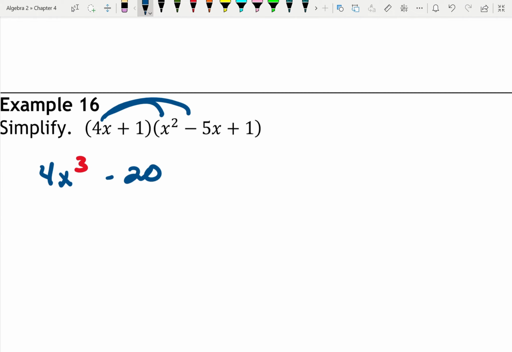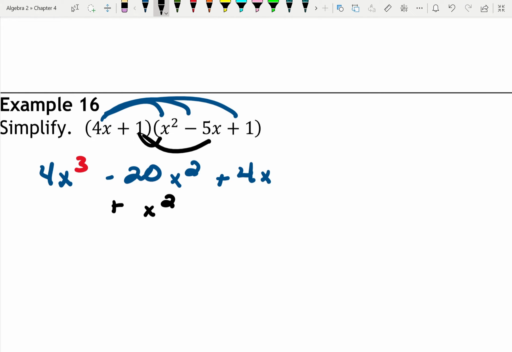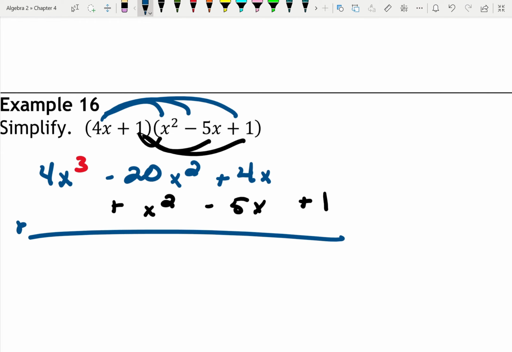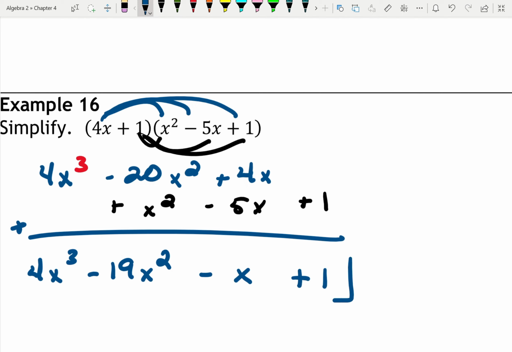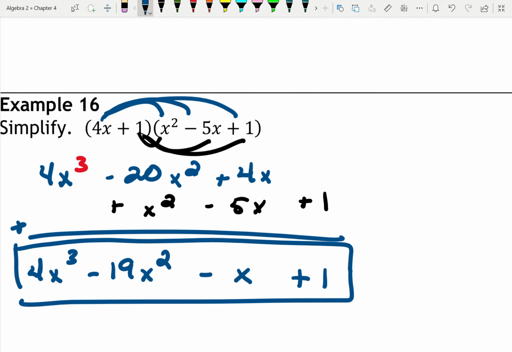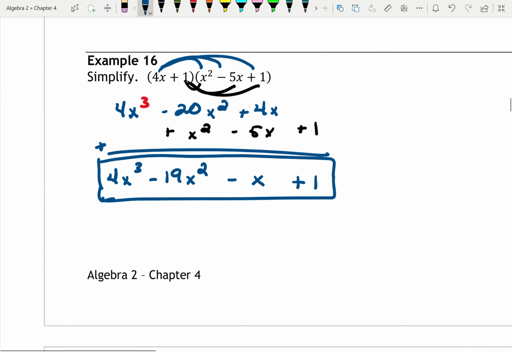Minus 20x squared plus 4x plus x squared minus 5x plus 1. Combining like terms, I get 4x cubed minus 19x squared minus x plus 1. And that's our answer right there.